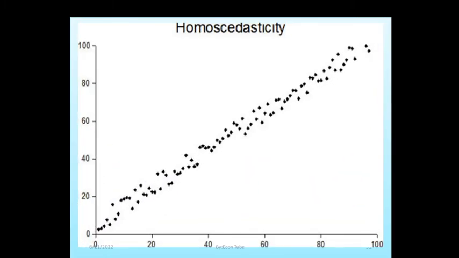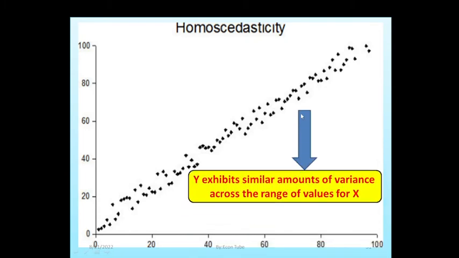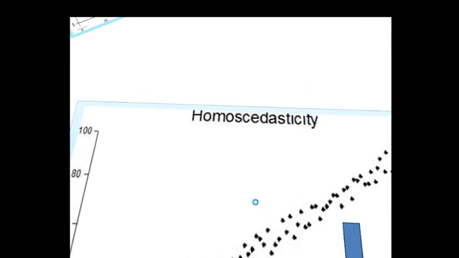The homoscedasticity assumption tells us that the variance of these dots for the error term, the variation between them, is constant. There is no big difference between the points from the origin to the last. This is homoscedasticity, because y and x here have a similar amount of variance across the range of values for x.